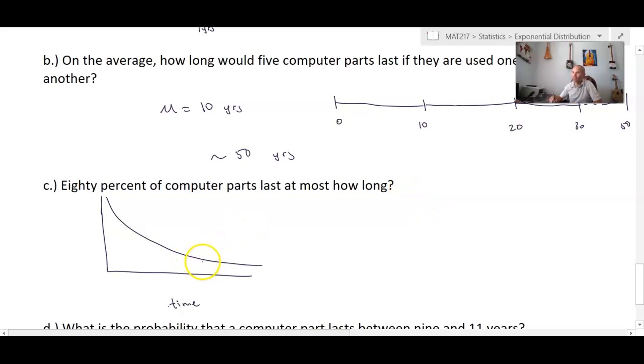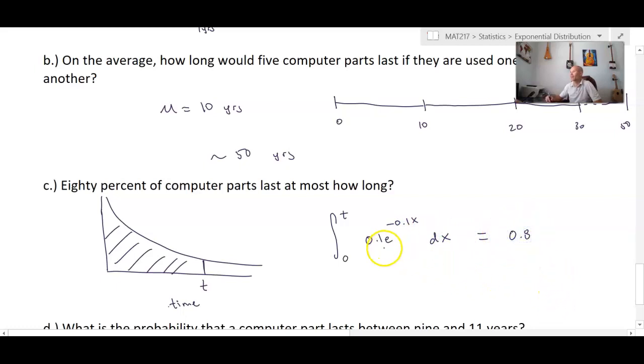Well, 80% of computer parts are going to be somewhere between here and some time t. So I know that the area from time 0 to time t under this curve, which is given by 0.1 e to the negative 0.1x, that area, I want it to be 80%.